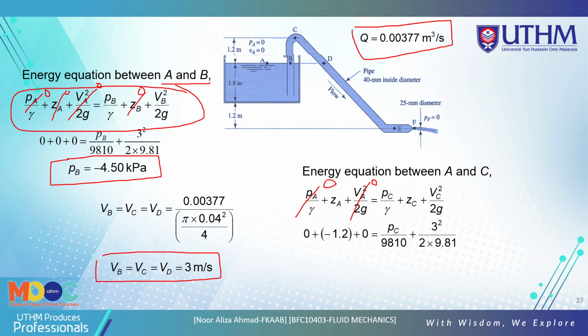Then with the pressure at C and VC, we calculate and solve, and we get the pressure at C, sorry, not B, as negative 16.27 kilopascal.